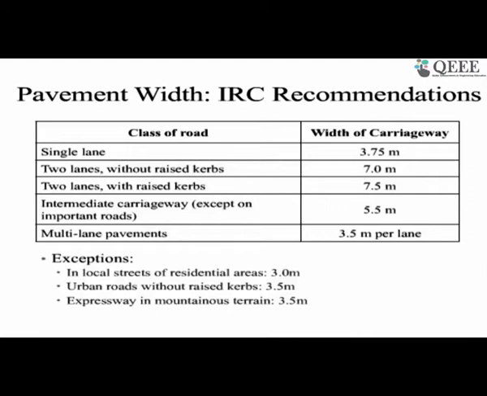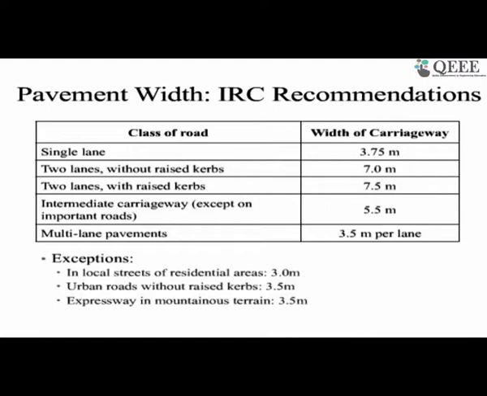And for an intermediate carriageway, as I told you yesterday, there are certain sections of the roadway where we are not going to provide either single lane or double lane. In this case, we provide 5.5 meter, and we expect the traffic volume to be quite low, so that once in a while vehicles coming from the opposite direction need to slow down and pass.